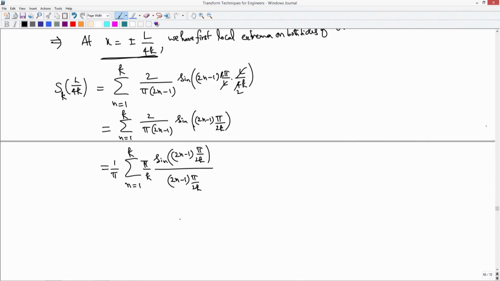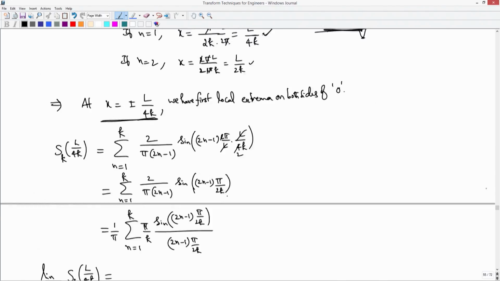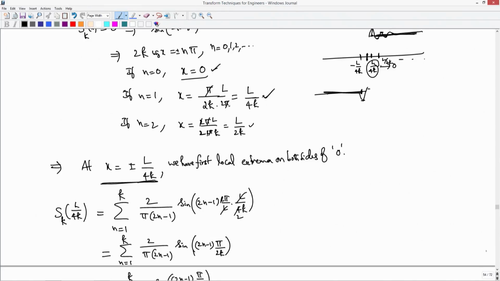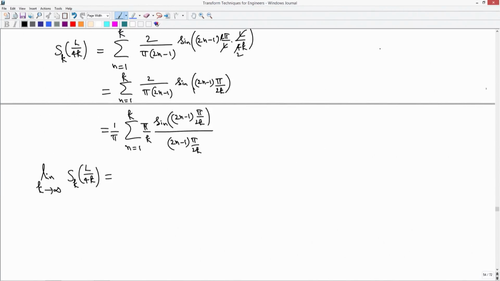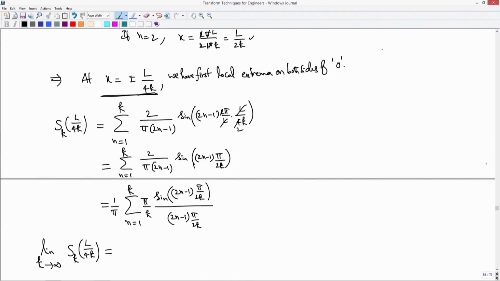Now if I take the limit k goes to infinity of S_k of L by 4k, what happens to the value when you plot it? With the full Fourier series, as you take more and more terms and sum them up and plot it, the oscillatory parts on this side will fizzle out.